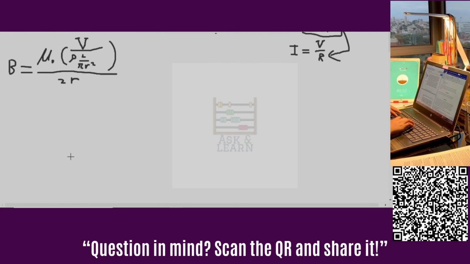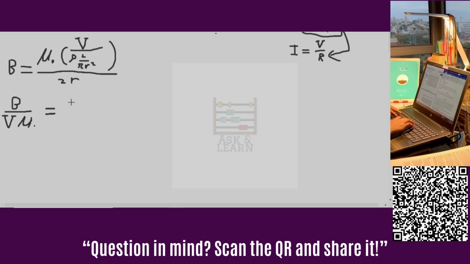So let's clean this up a little bit. We can move mu naught and V over to the other side to make this look a little bit nicer first. To do that, they're both in the numerator here, we just divide both sides. So we have B, no longer by itself, divided by the voltage times mu naught. That's the left-hand side. The right-hand side now looks a little bit better.